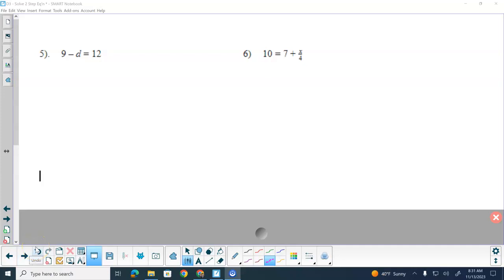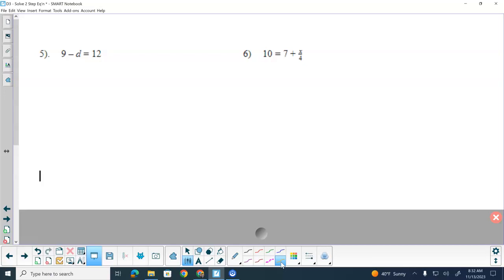All right, let's talk number 5 here for a second. What are we going to do first? Do we agree with add 9 to both sides? Well, is 9 positive or is 9 negative right now, as it looks right there? It's positive. So what would 9 plus 9 be? 18.